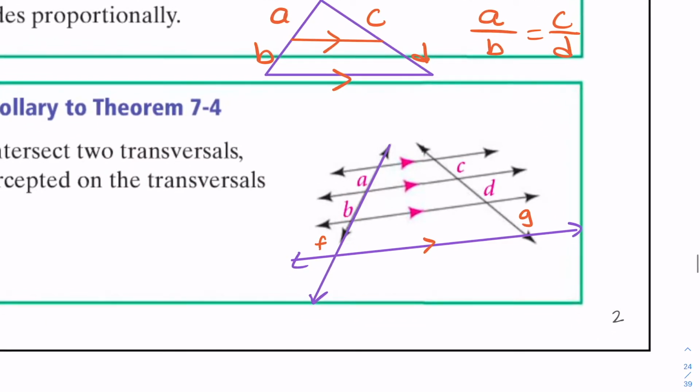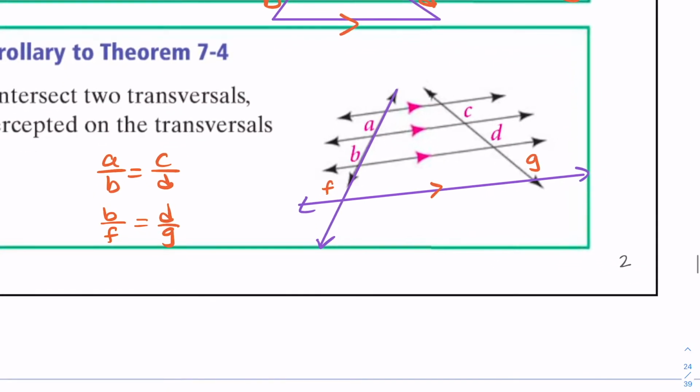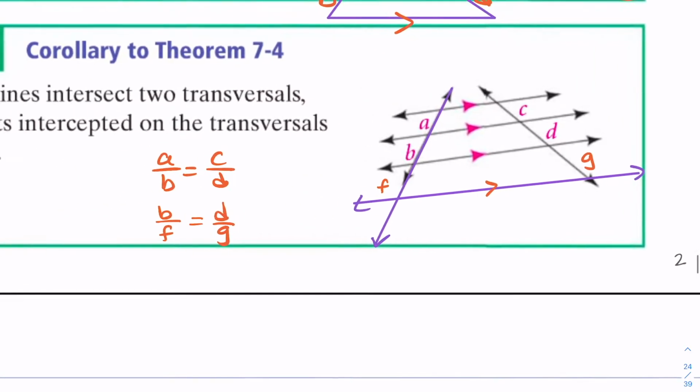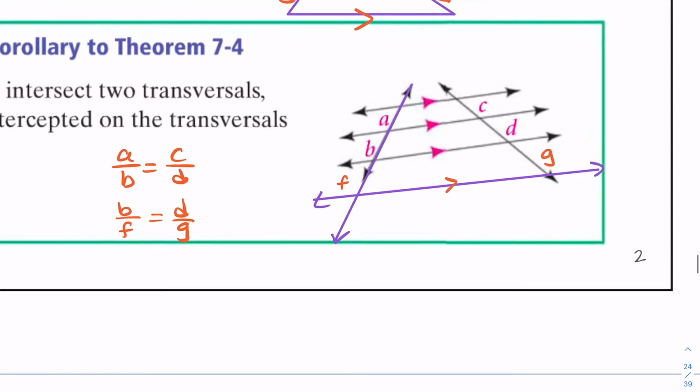I can say A is to B as C is to D, but I can also say B is to F as D is to G. Or I can say A is to F as C is to G. So these parts you can interchange as long as this is parallel and we keep splitting our sides.